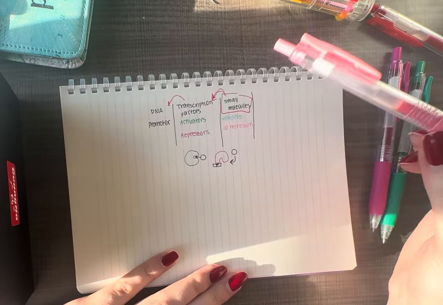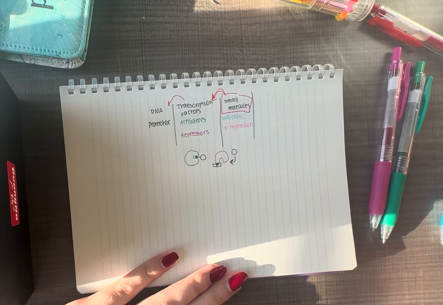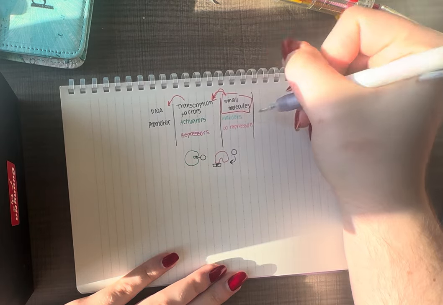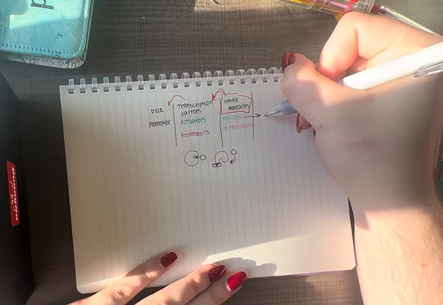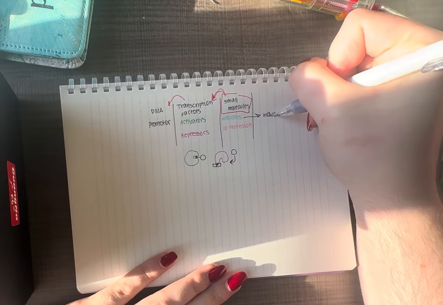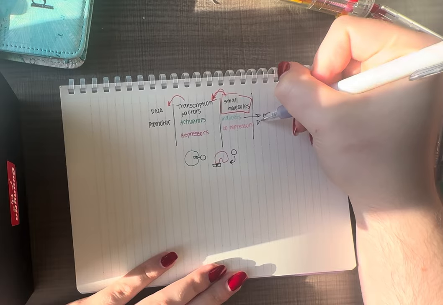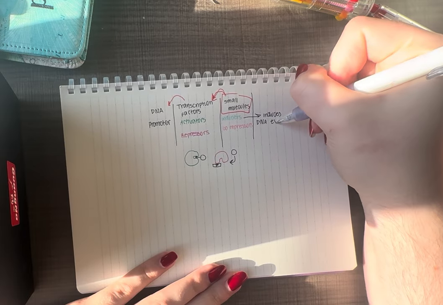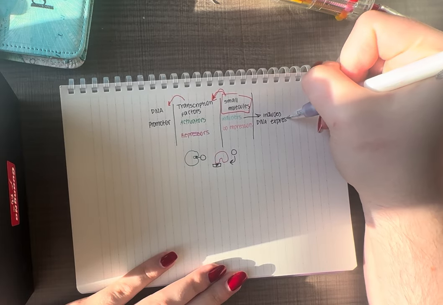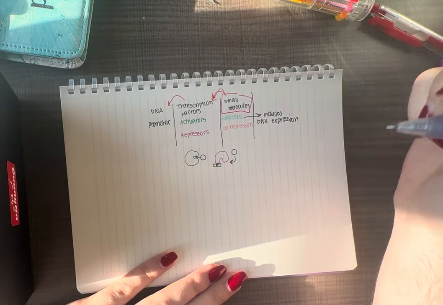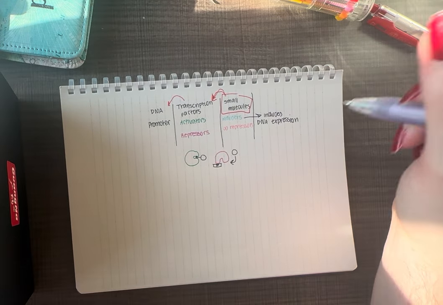And I've colored them the same way that I've colored these because I want you guys to understand that a molecule is called an inducer because it induces DNA expression, not because it induces a transcription factor.